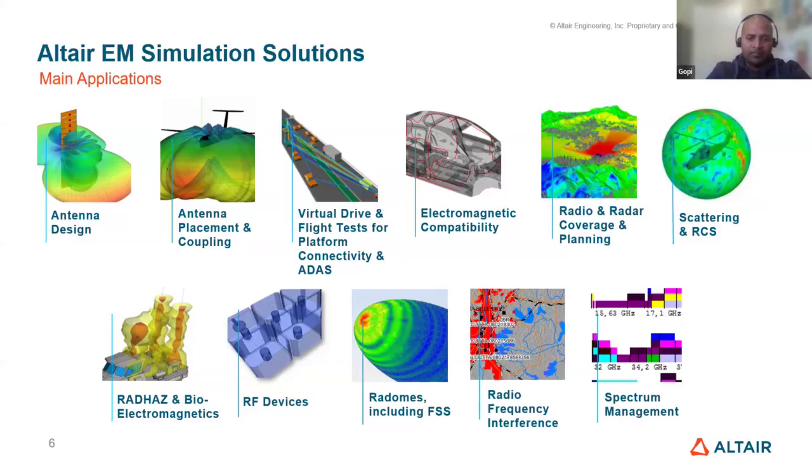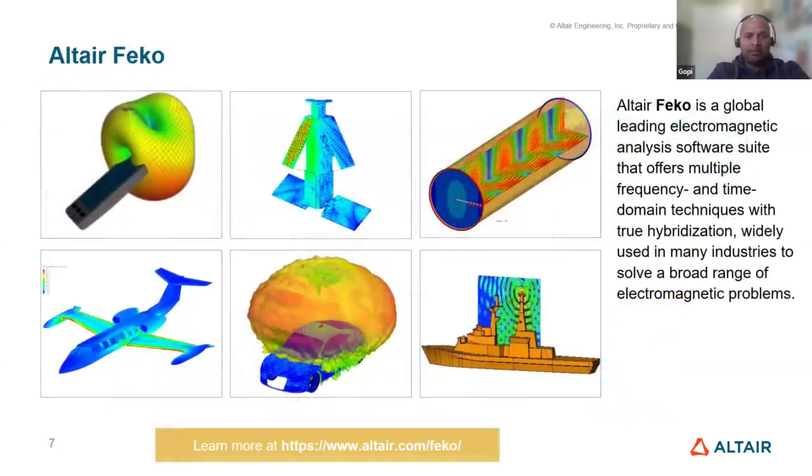One of the primary reasons why a single tool can be used for so many different applications is the availability of many different solvers. So let's look into an overview of Feko by itself to get some understanding of what the different solver technologies available are and where they are applicable or primarily used.